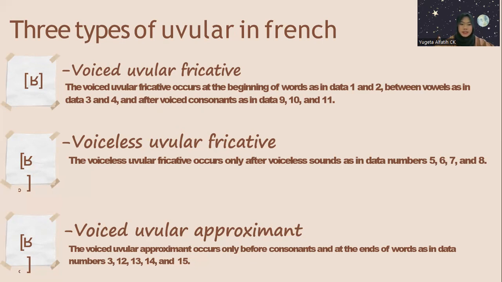Voiceless uvular fricative: it occurs only after voiceless sounds, in data numbers 5, 6, 7, and 8. Voiced uvular approximant: it occurs only before consonants and at the ends of words, as in data numbers 3, 12, 13, 14, and 15.